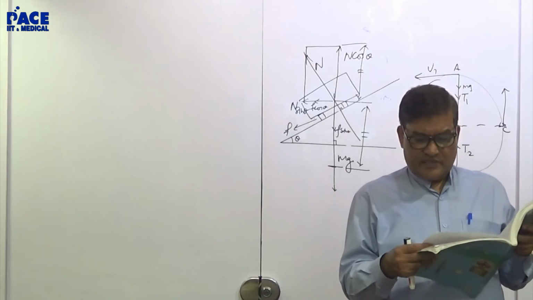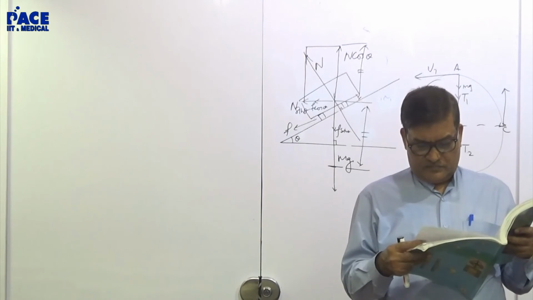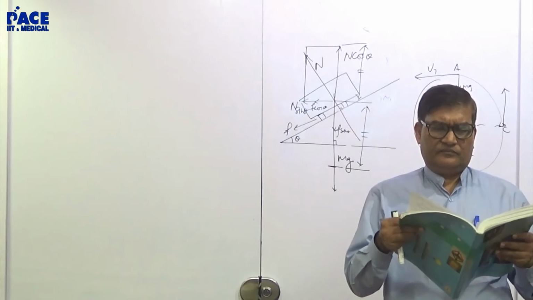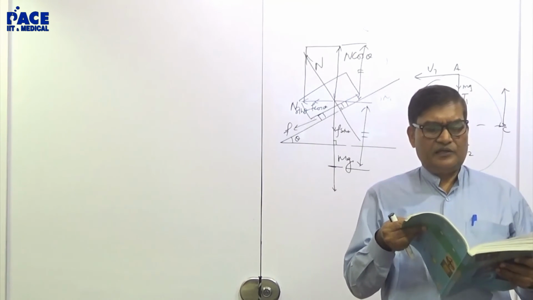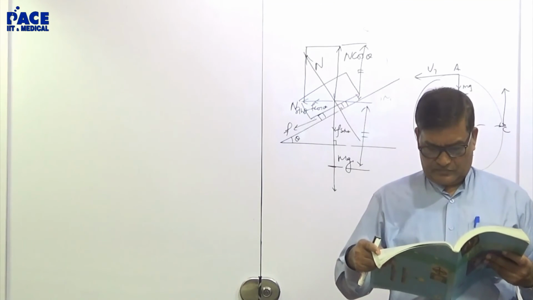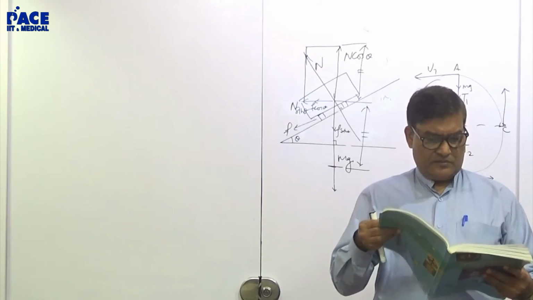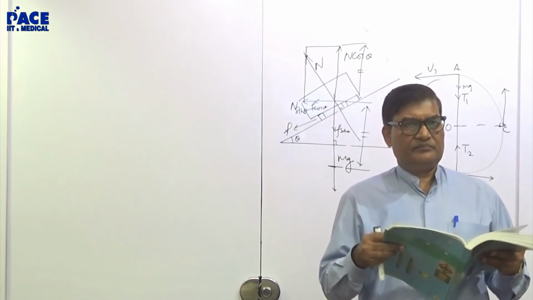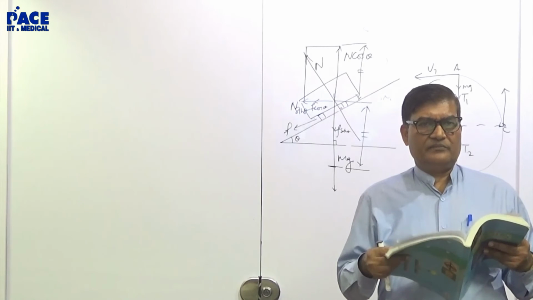Derive expression for radius, velocity, energy. Then energy level diagram for hydrogen atom.